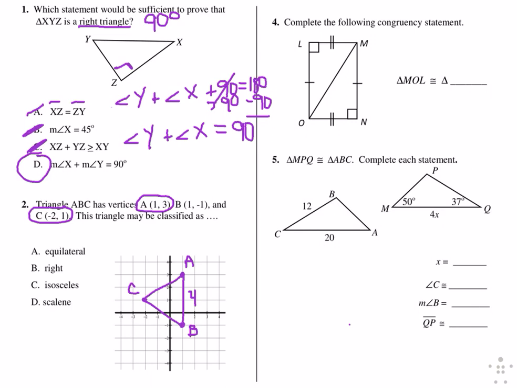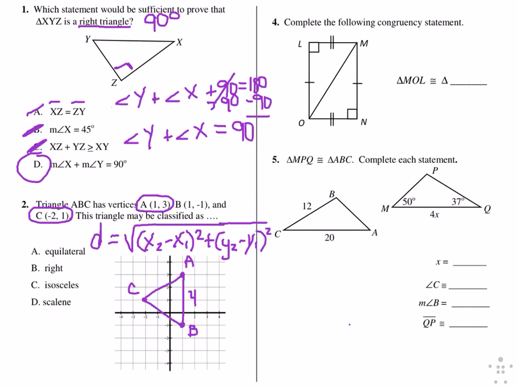So our distance formula is D is equal to the square root of x2 minus x1 squared plus y2 minus y1 squared. That's available for you on the reference chart.